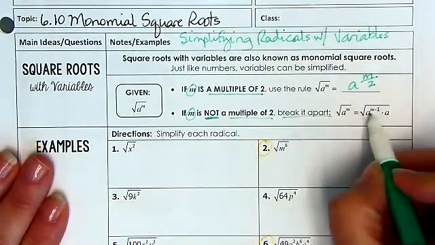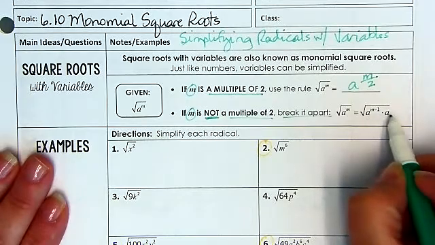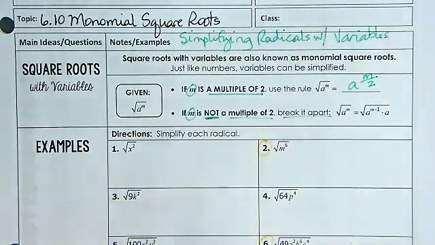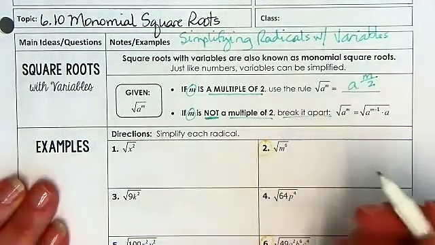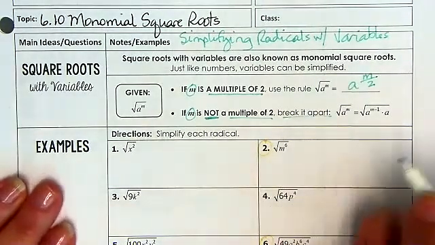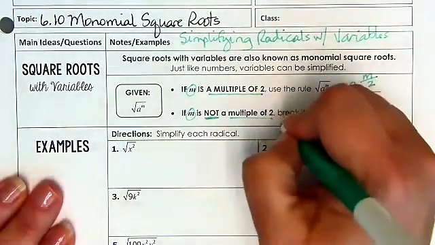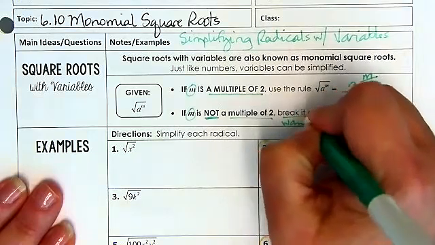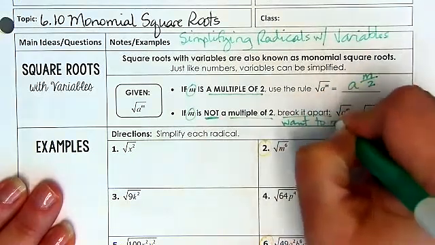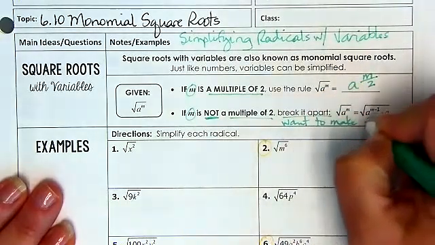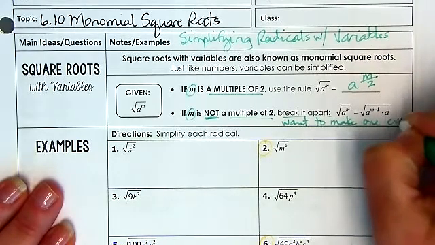So we're going to separate it to where it's a to the m minus 1 and a, so that you take out that one extra that makes it odd, so that now you have an even number. So what we're doing is wanting to make one even.